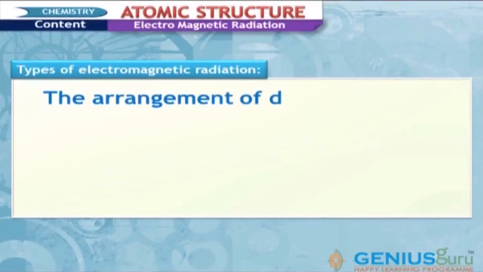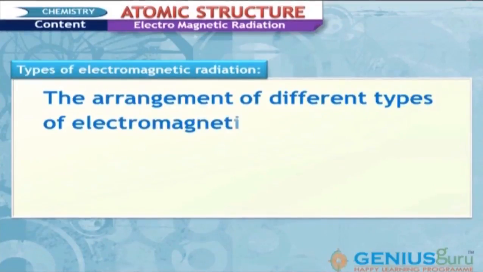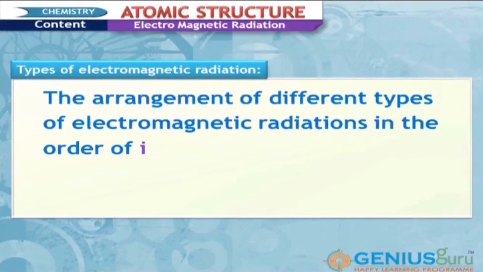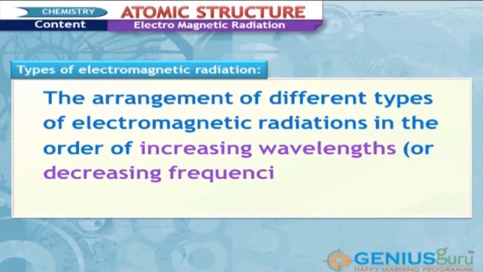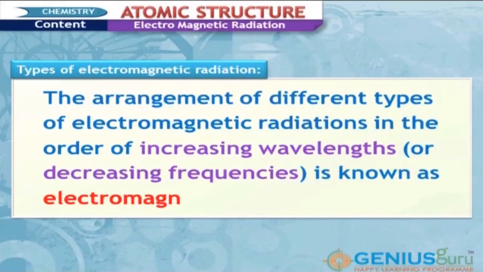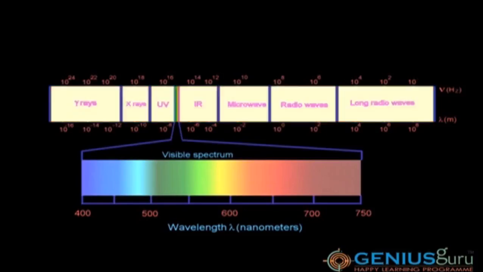The arrangement of different types of electromagnetic radiations in increasing order of wavelength, or of any property, whether frequency, wavelength or wave number, is known as the electromagnetic spectrum. It is a sequential representation of different electromagnetic radiations.